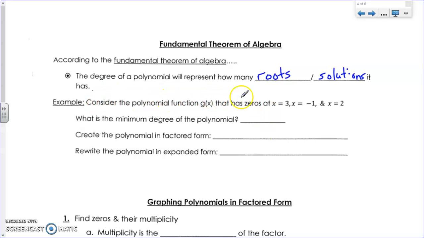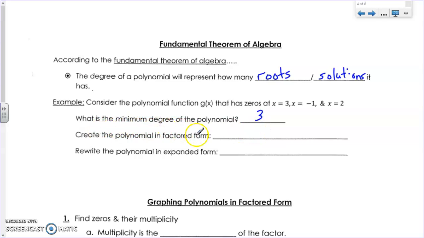How many zeros do I have there? 1, 2, 3. So the minimum degree is 3. Does that mean that's the highest degree? No, I could have some imaginary solutions that aren't listed, right?